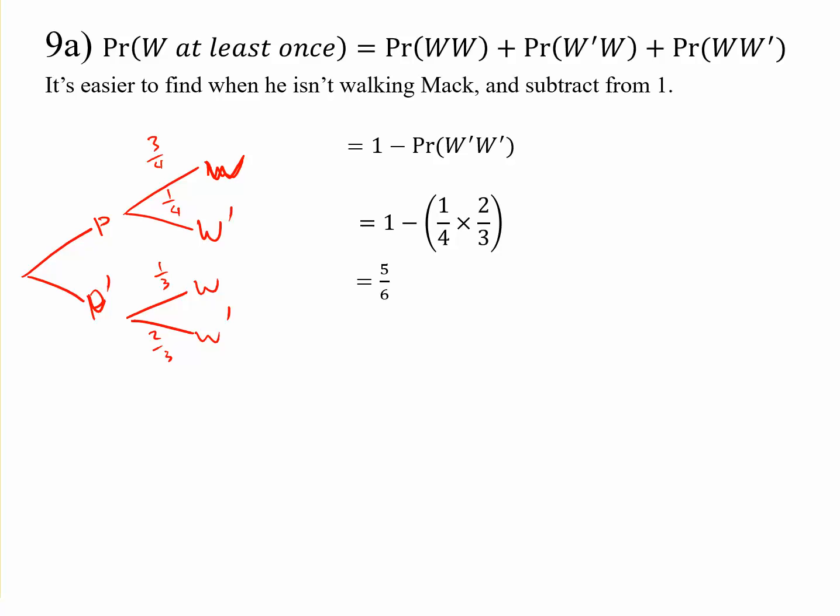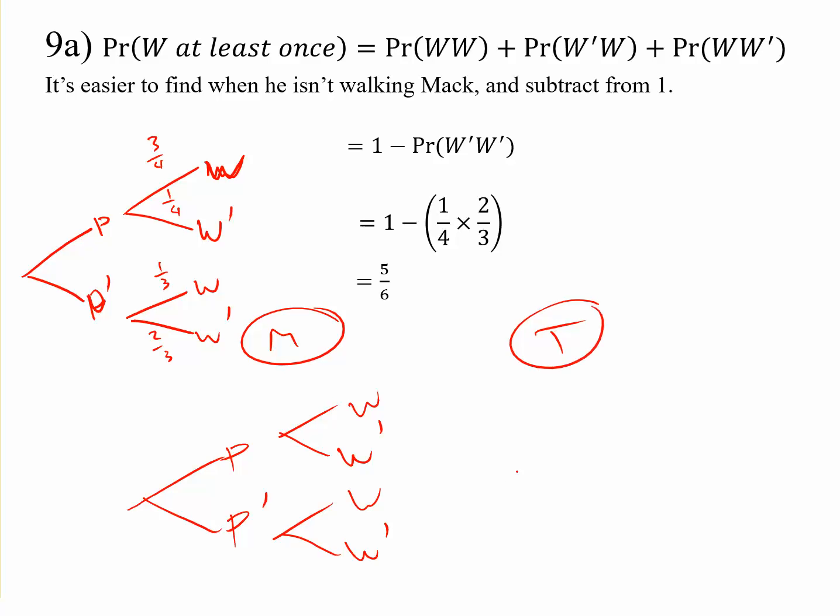So, the fact that they said Monday and Tuesday are independent events, you look at them individually. You have Monday, pleasant, unpleasant, walk, not walk, walk, not walk. Tuesday, again, because it's independent, you have the same branch again: pleasant, unpleasant, walk, not walk, walk, not walk.